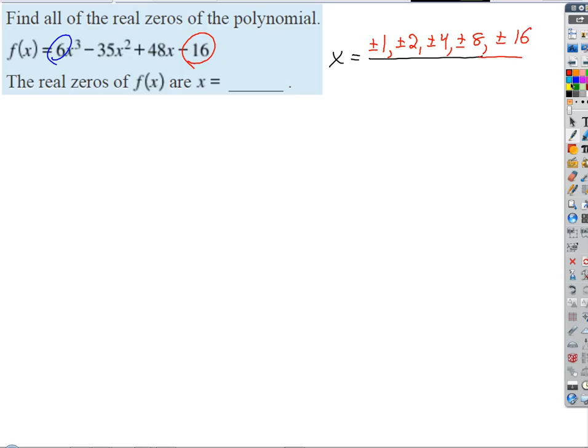Okay. On the bottom, we could have any of the factors of 6 in the denominator. I won't even put the plus or minus there, though, because we already know that the fractions would be positive or negative. So that would just be a 1 or what else? 2, 3, or 6.